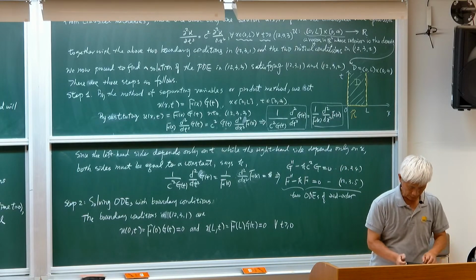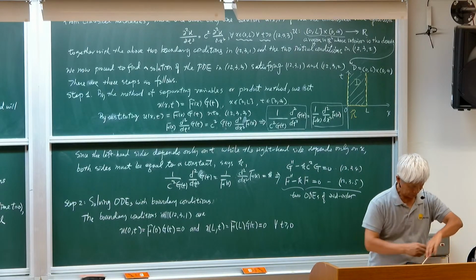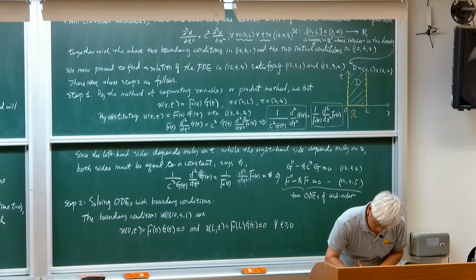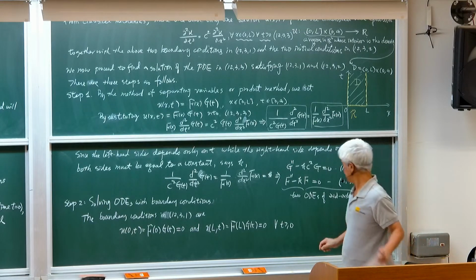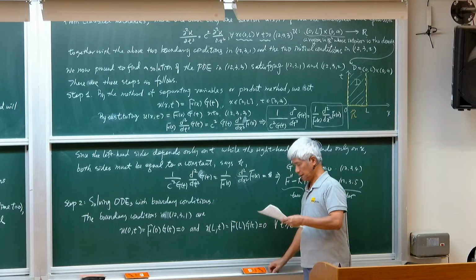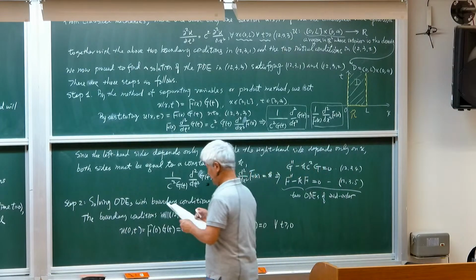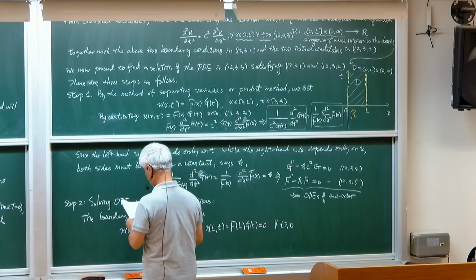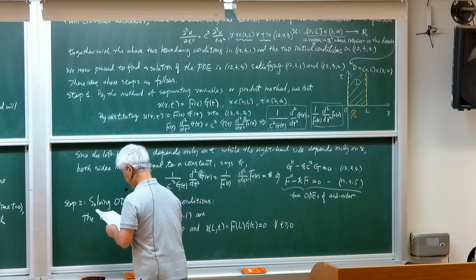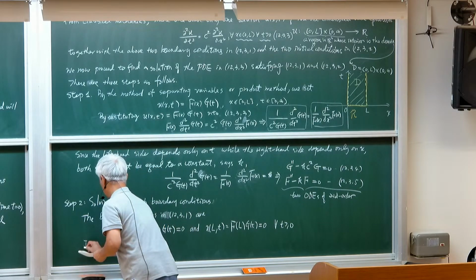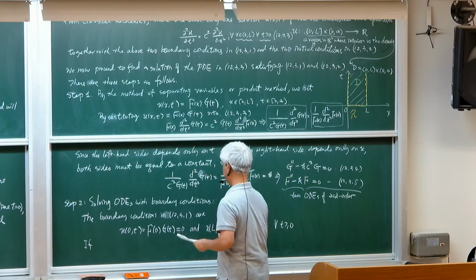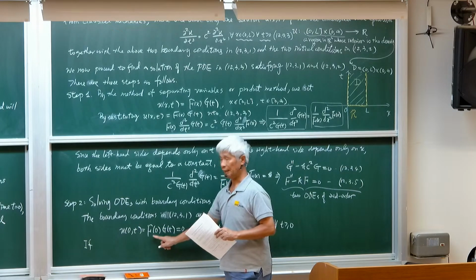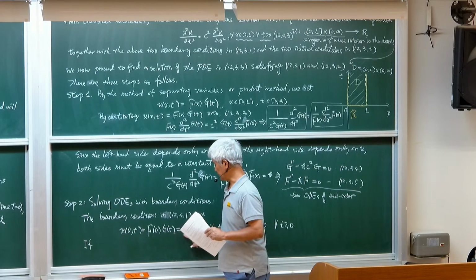There is a typo here. But if you look here, f of 0 is a real value, and g of t is 0.